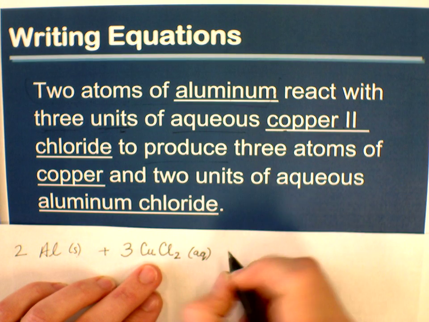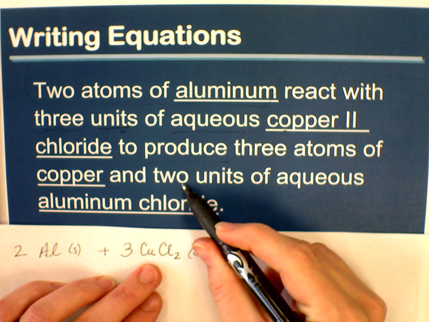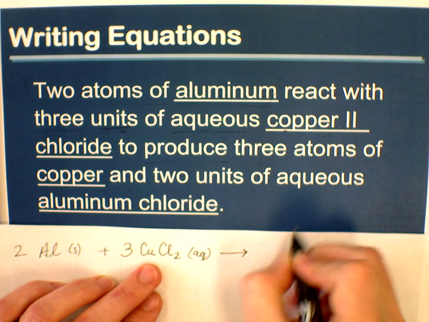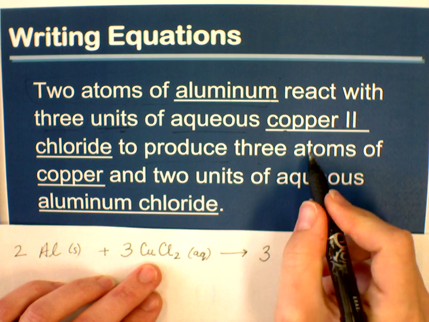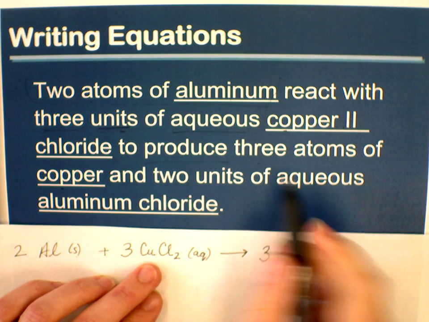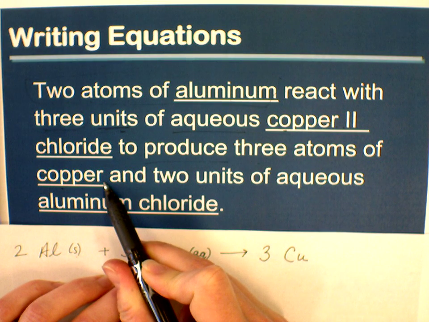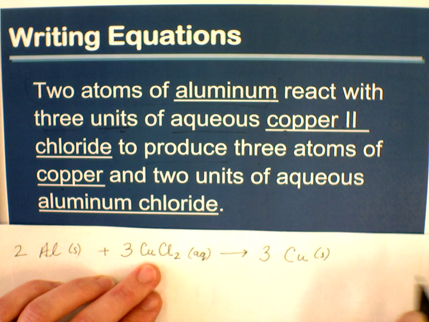To produce, arrow, 3 atoms, so 3 atoms of copper, Cu, and again, copper is a metal. Nowhere did we discuss any temperature being really high, so it's probably a solid.